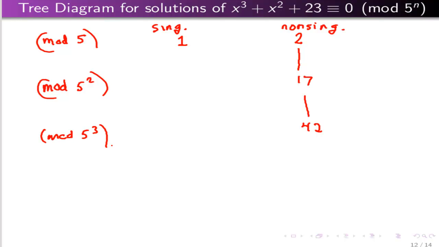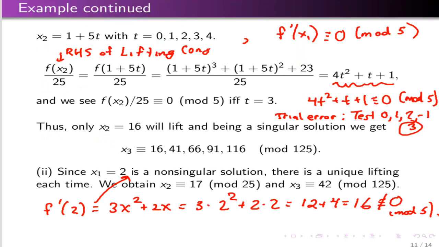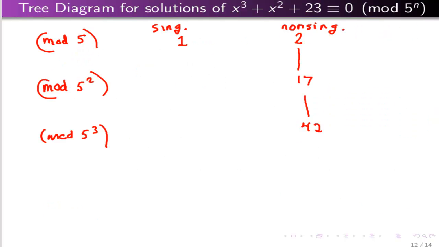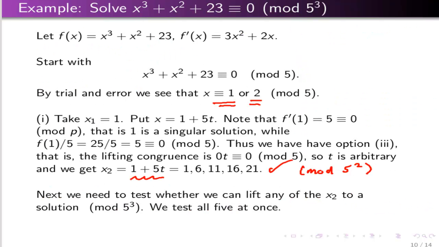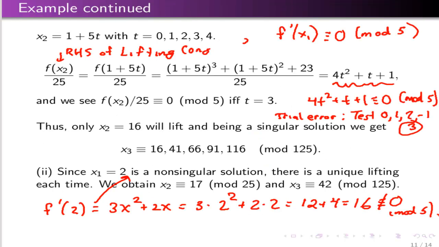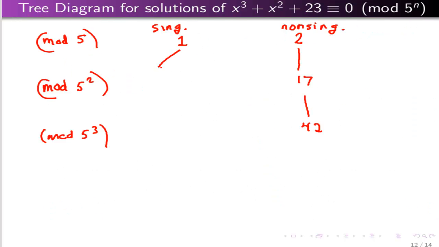Whereas 1, how did it proceed? It went to 16 at first. It went 1, 6, 11, 16, and 21. So it lifts up here.